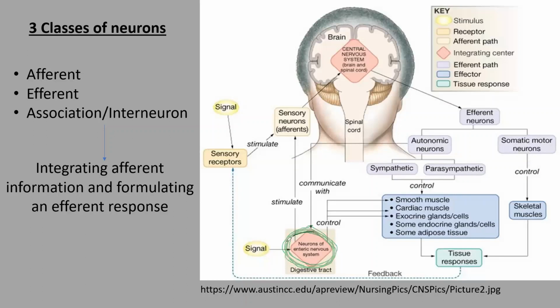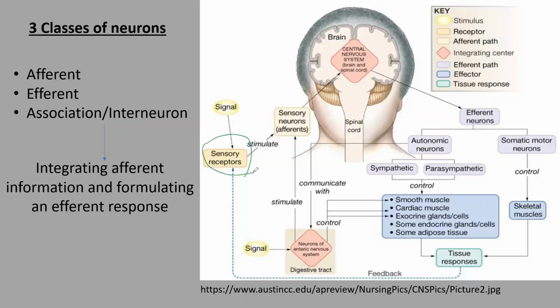Because of that, the enteric nervous system is also known as the second brain. From there, it sends the signal through the afferent to the CNS. They receive the information and then the effector. So this process, from the tissue receiving the sensory information.